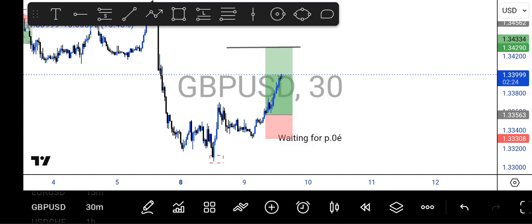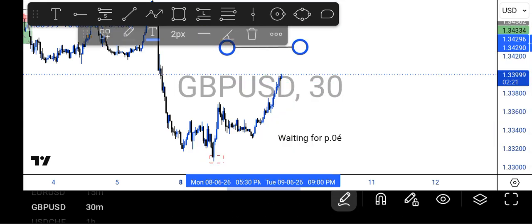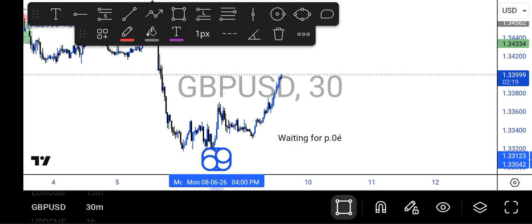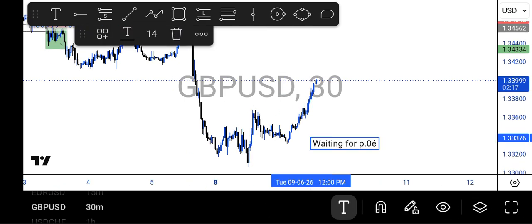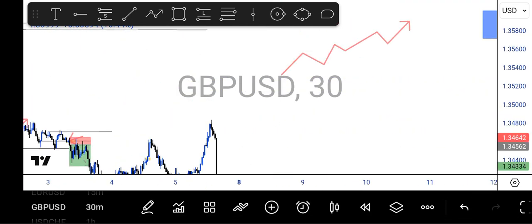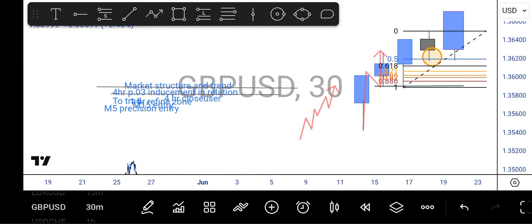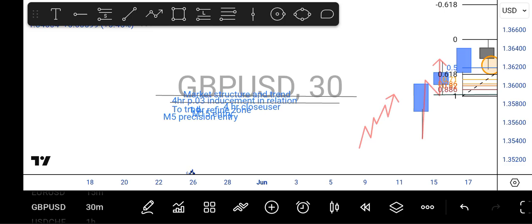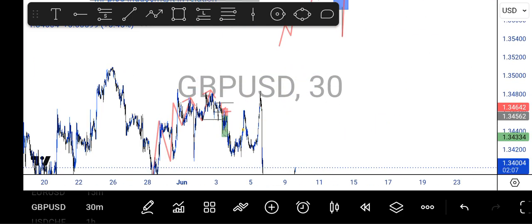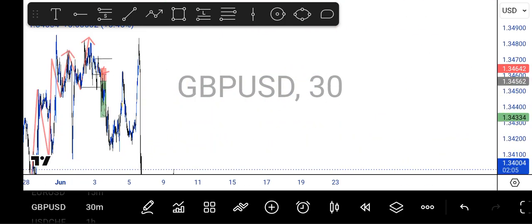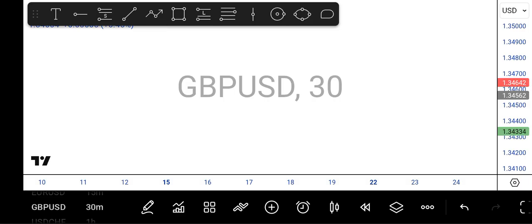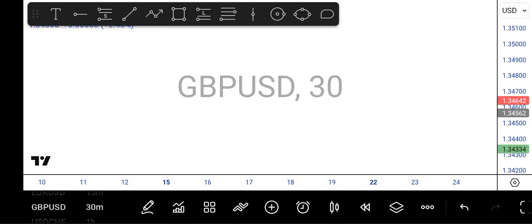So I'll start with GBPUSD, how I entered, how I traded, and what I can look for. So first thing first, we'll go to the step-by-step checklist. Let me write where it can be seen easily. So what do I usually look for?